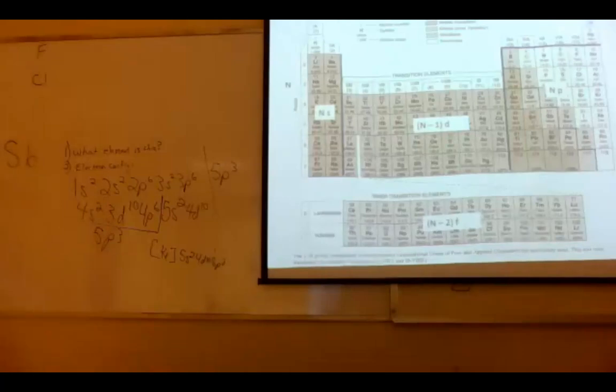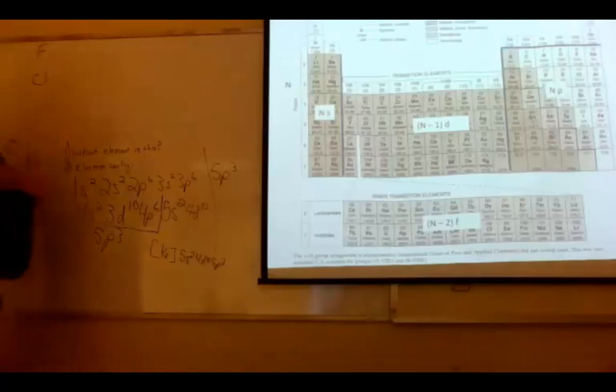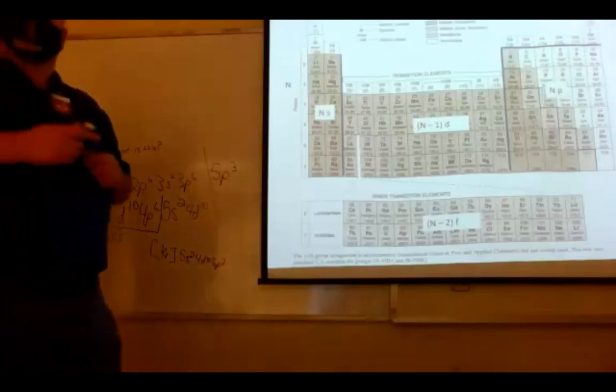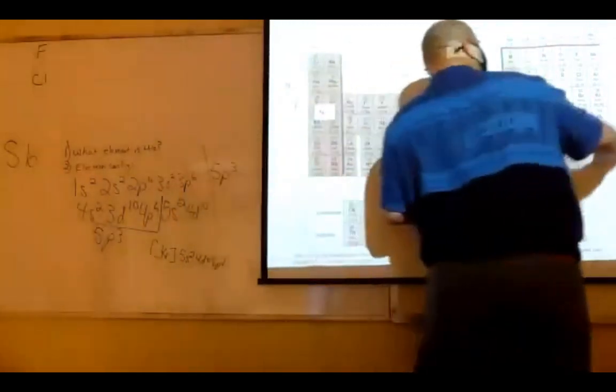All right, we're going to use this shorthand. So give me the shorthand for fluorine and chlorine. What was the last noble gas we passed for fluorine? Noble gases are these on the end.